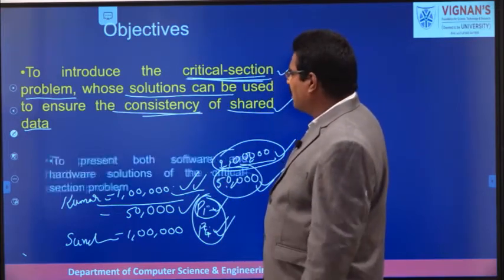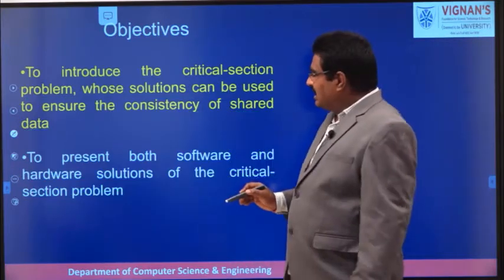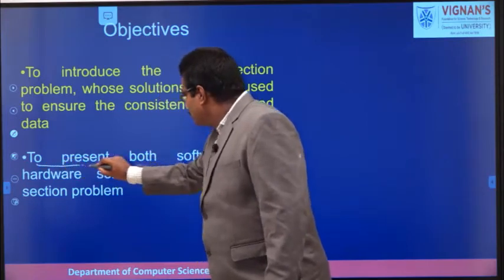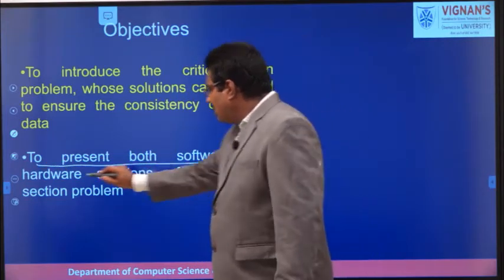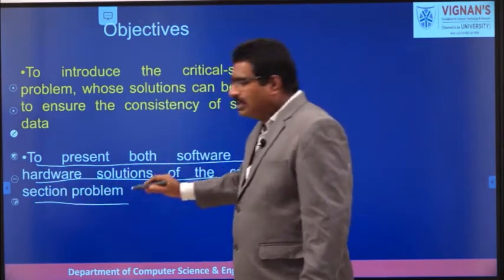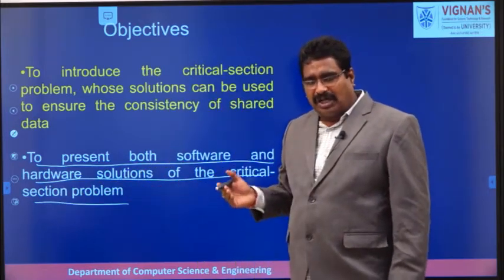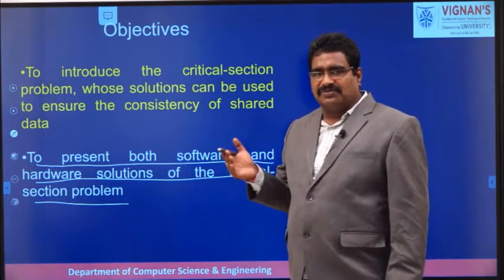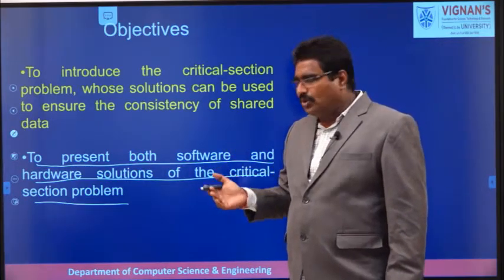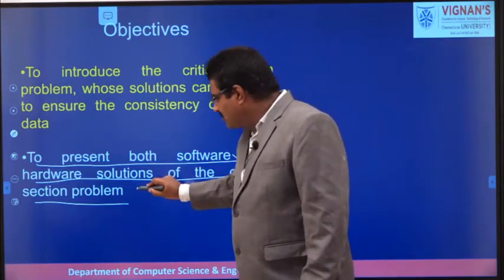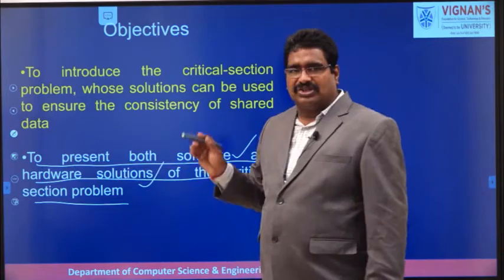The second objective of process synchronization is to present both software and hardware solutions of the critical section problem. It is possible to provide the hardware solution as well as the software solution. After completion of this unit, the students are able to implement both the software as well as the hardware solutions for process synchronization.